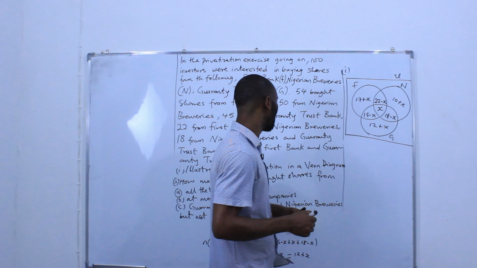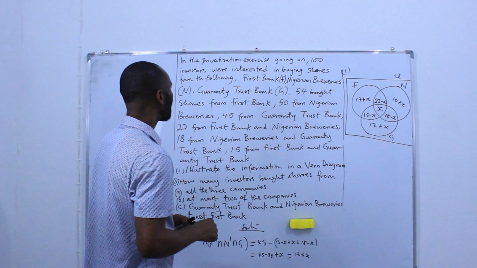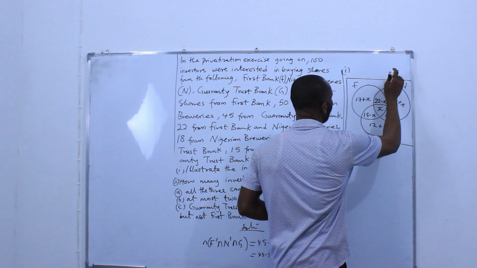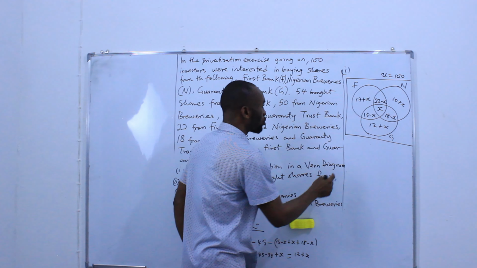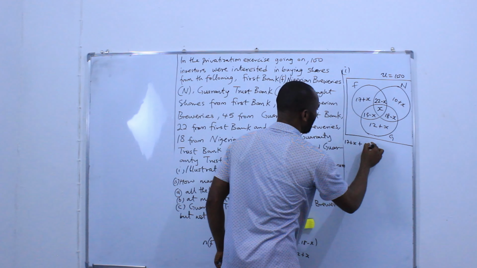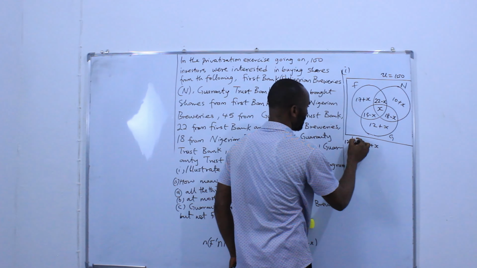So to get the value of x, we need to add up everything and get the value of x. Remember that the number of people in the universal set is 100, the total number of investors. So if I'm adding up, I have 17 plus x plus 10 plus x.